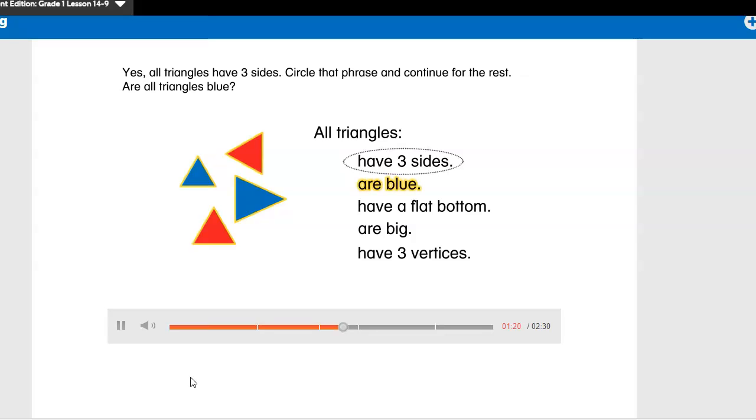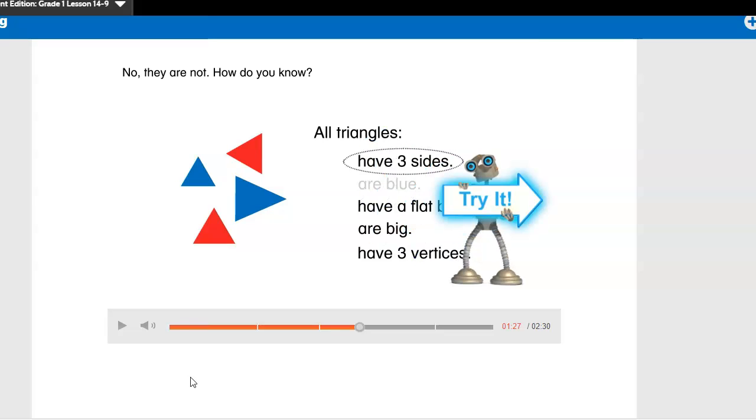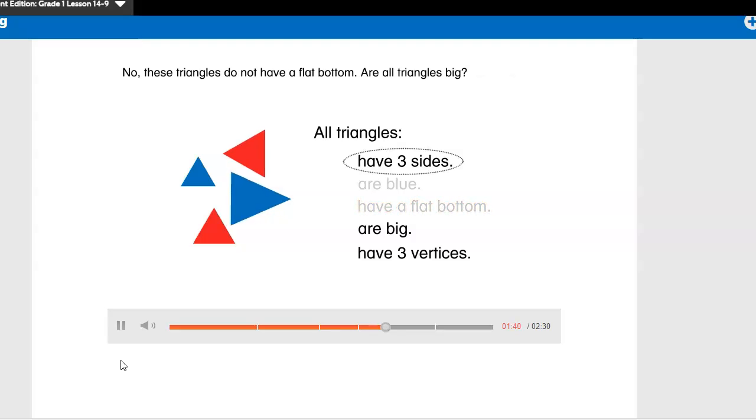Are all triangles blue? No, they are not. How do you know? Two of these shapes are triangles, and they are not blue. Do all triangles have a flat bottom? No, these triangles do not have a flat bottom. Are all triangles big? No, triangles can be any size. Do all triangles have 3 vertices?